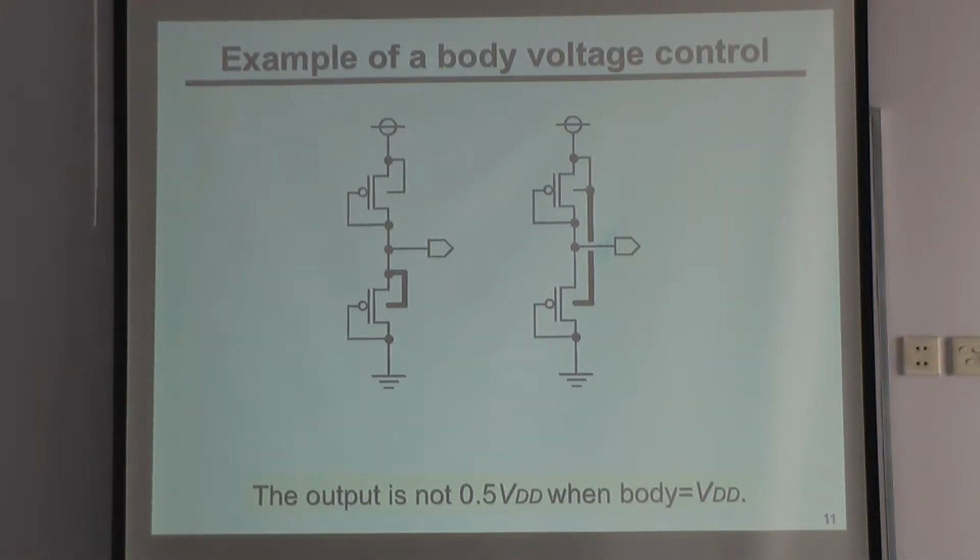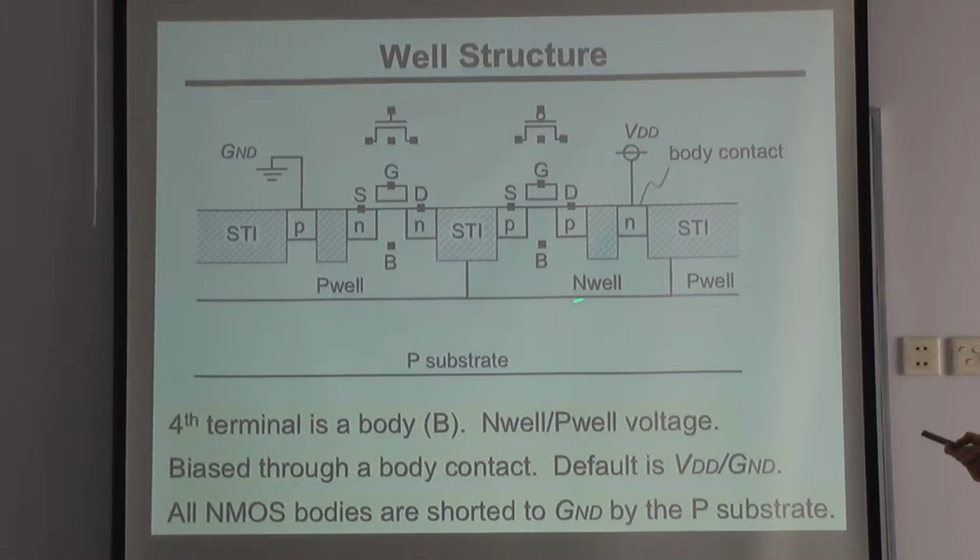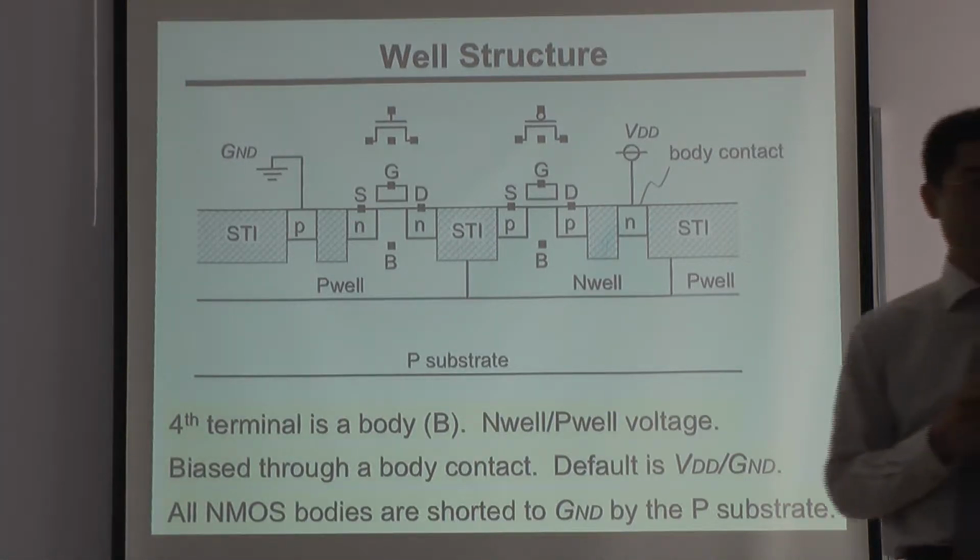So in order to make half VDD, both PMOS should have exactly the same characteristics. To realize that, we connect these body terminals to the sources here, so that source and body are tied together in both. In this kind of circuit, the N well voltage can be controlled independently.